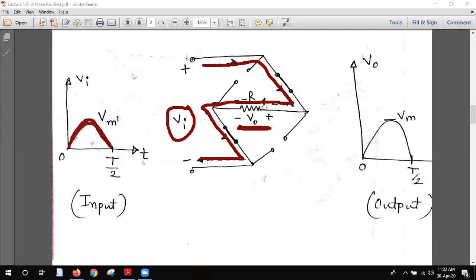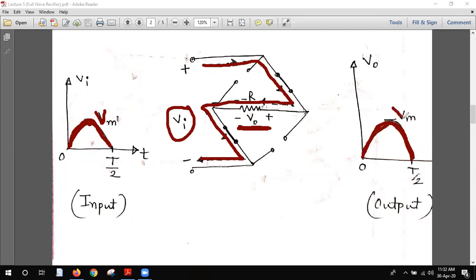So the whole input, the peak value is Vm. So the whole voltage will be applied in the output. So you see the exact diagram in the output, because there is no voltage drop without R, and we all know that the voltage of R is basically the output voltage.